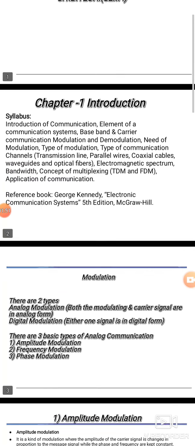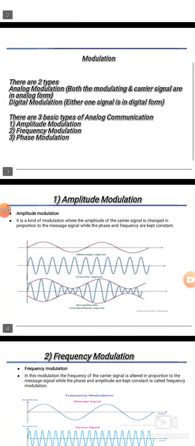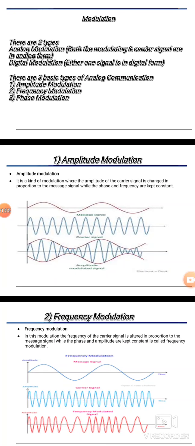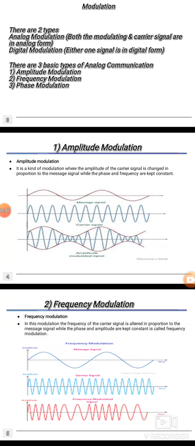We have seen that modulation requires two types of signals, the carrier signal and the modulating signal. The characteristics of the carrier change in proportion with the characteristics of the modulating signal. That is the concept of modulation.